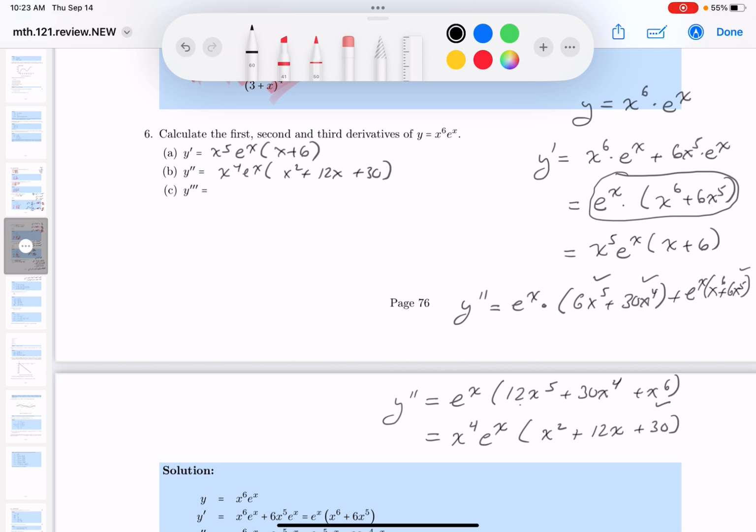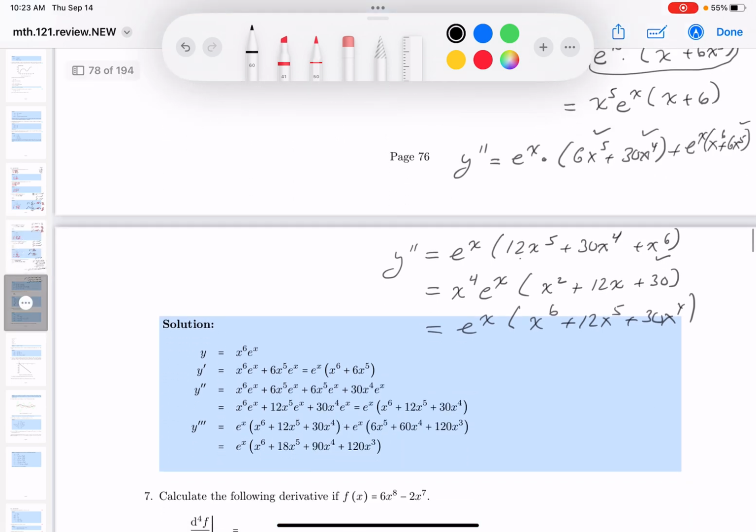But I'm going to say, to differentiate that, I'm going to bring the x^4 back in. So if I'm going to differentiate, I prefer to differentiate this. And let's write that down. So y triple prime.